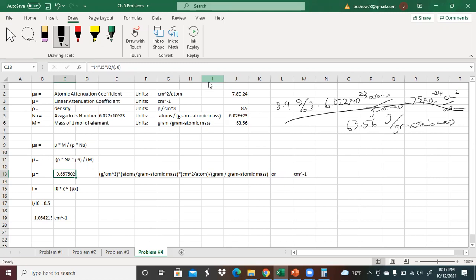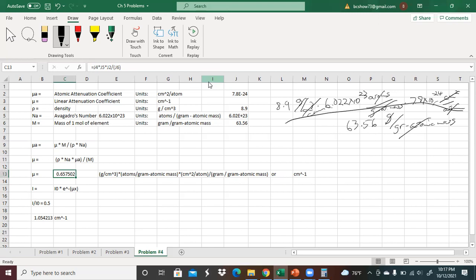Now, please tell me that some of these units end up canceling, and they do. I've got atoms here, cancel with atoms. I've got grams here that will cancel with this. I've got cm cubed and then cm squared. All of those will cancel, and that leaves me here with just cm, and the grams atomic mass actually will cancel.